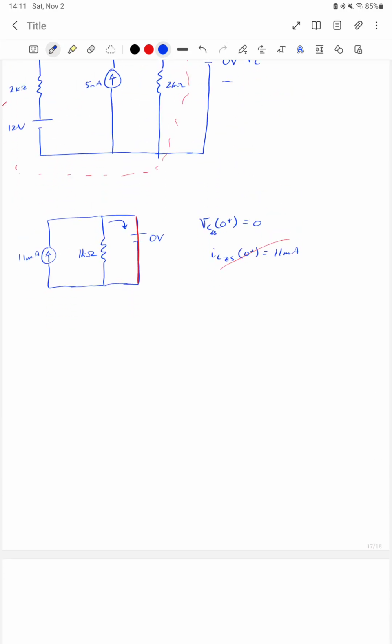Okay, so now the other thing we're going to deal with is we're going to go back to this formula, dVC/dt plus VC(t), I should have put the t, is equal to IS over C. This should have the 1 over RC.